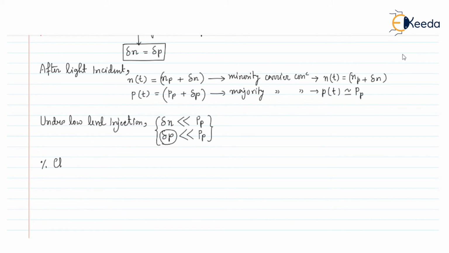So we can see here that the percentage change in the majority carrier concentration, that is the hole concentration, because we have considered the P-type semiconductor, is negligible due to light incidence.